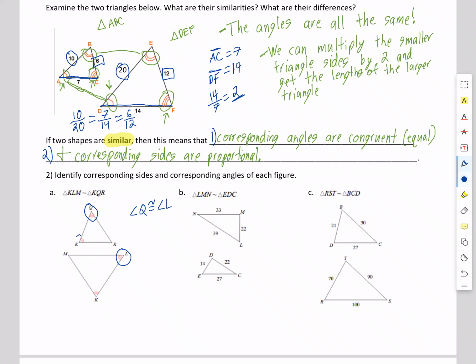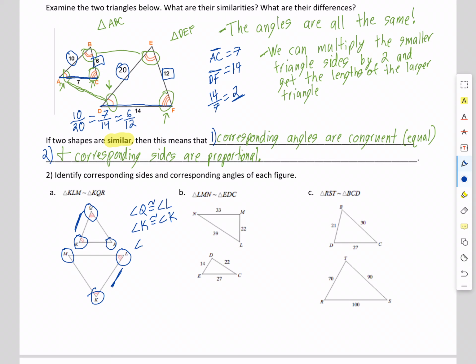So then following that same principle, angle K would be congruent to which other angle? Angle K. So angle K is congruent to angle K. With that in mind, if we know that these two angles are the same as those two angles, they would add up to the same amount, and so that would mean that these angles are congruent as well.